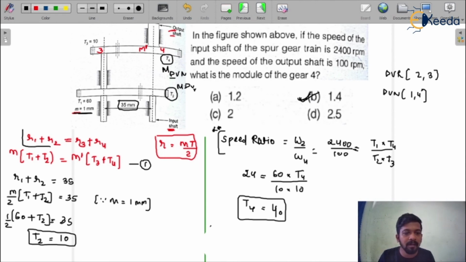I'm saying again and again, this is the important formula. From this relation, you can get the relation in terms of module and teeth. But just keep in mind R1 plus R2 is equal to R3 plus R4. If you learn these two relations, you can solve the questions based on the reverted gear train. Okay, so thank you.